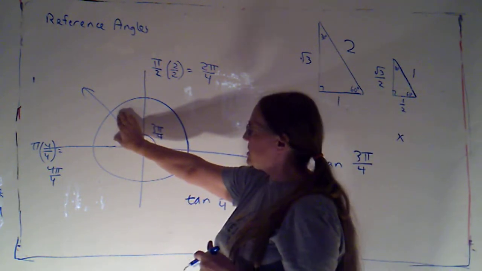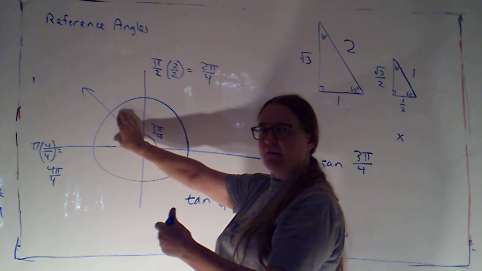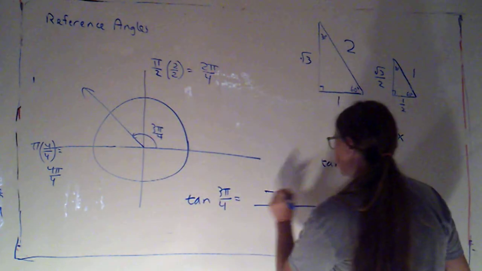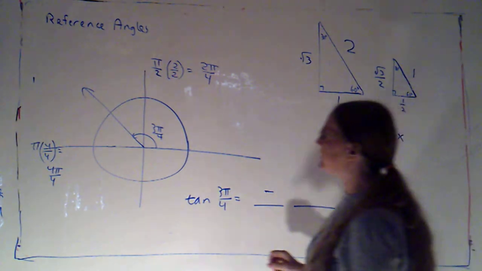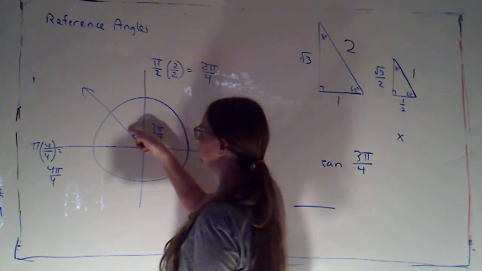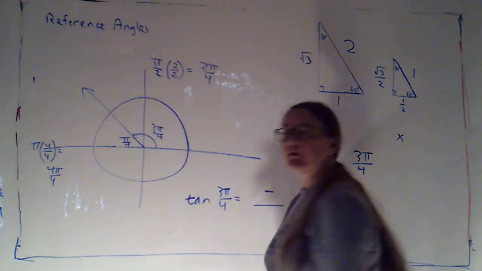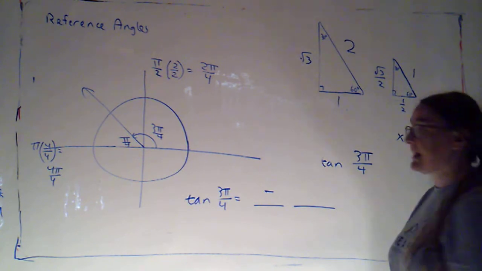We're in quadrant 2 again, so y is positive, but x is negative. So we're getting a positive divided by a negative. That's going to be negative. And then what's my reference angle? Well, if this was 3 pi over 4 and that was 4 pi over 4, looks like my reference angle is pi over 4. And I want to recognize that that's my 45-degree angle.